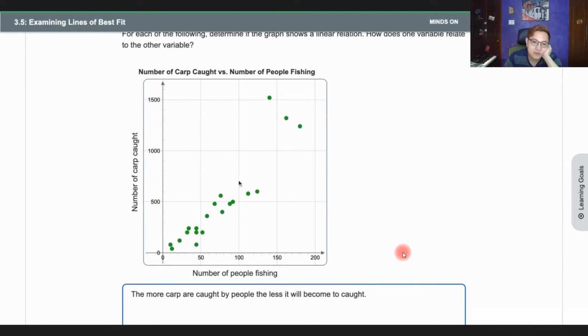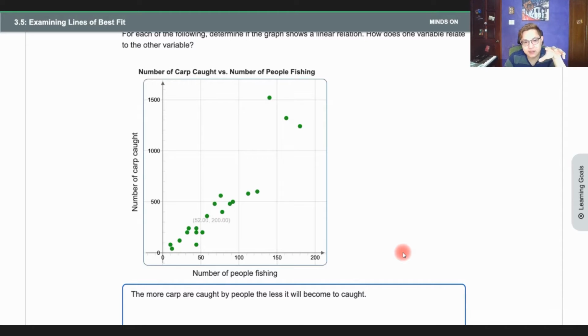It says that the more carp are caught by the people, the less will be caught soon, because of the range. There are two different areas now.